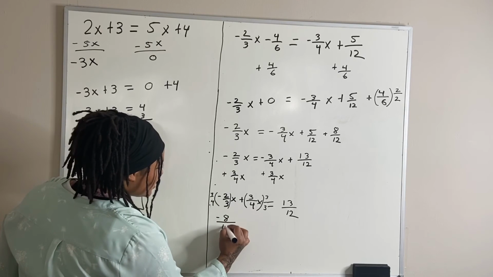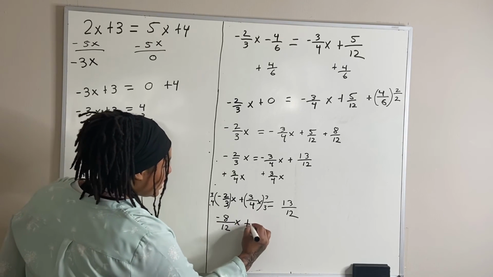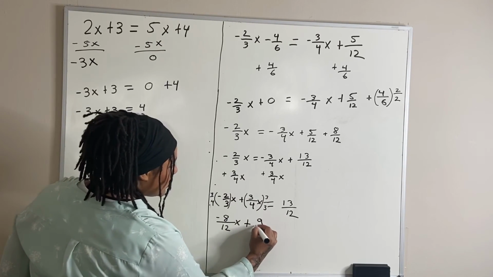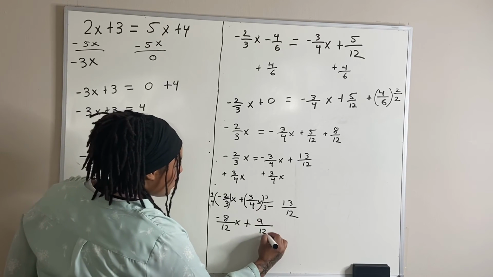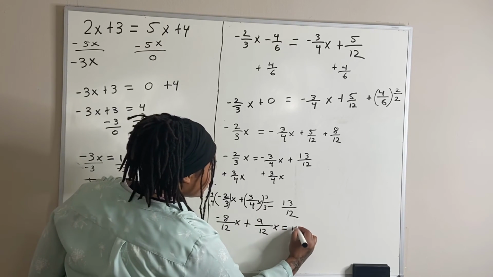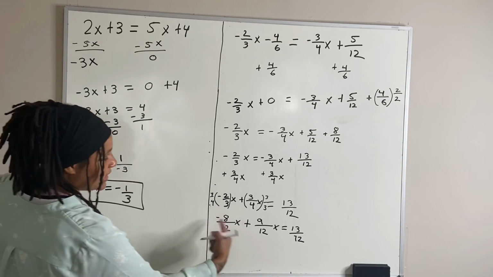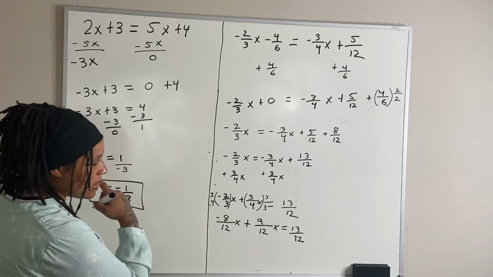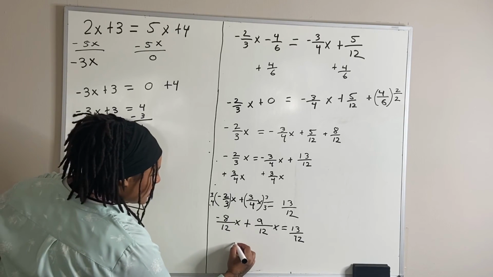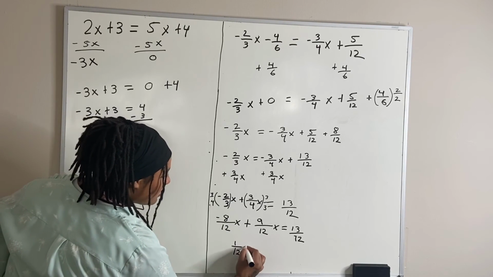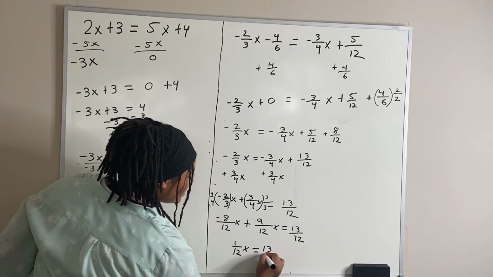And 4 times 3 is 12. Keep our x. Plus 3 times 3 is 9. And 4 times 3 is 12x. And that's equal to 13/12. Okay, so now we can add the numerator. So that gives us 1/12x is equal to 13/12.